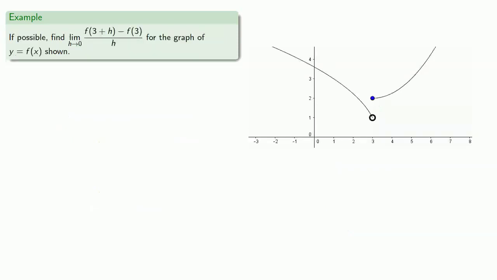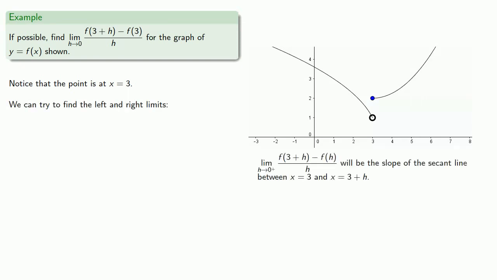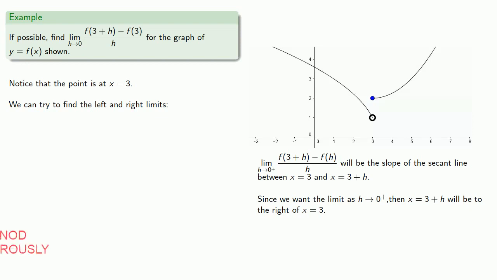What about a graph like this? So notice that the point is actually at x equal to 3. So we can try to find the left and right limits. Again, the difference quotient will be the slope of the secant line between x equals 3 and x equals 3 plus h. And since we want the limit as h goes to 0 from above, then x equals 3 plus h will be to the right of x equals 3.